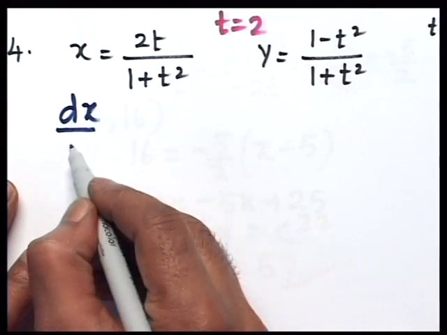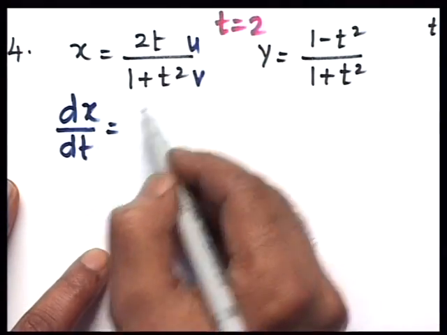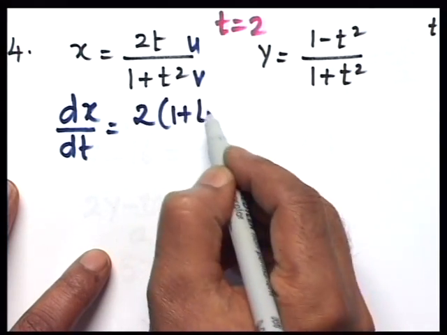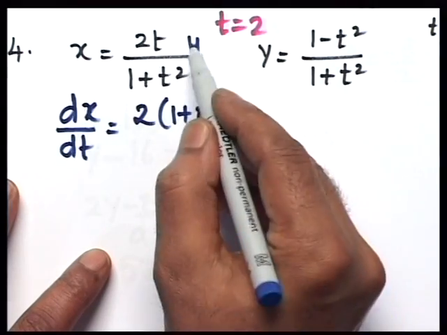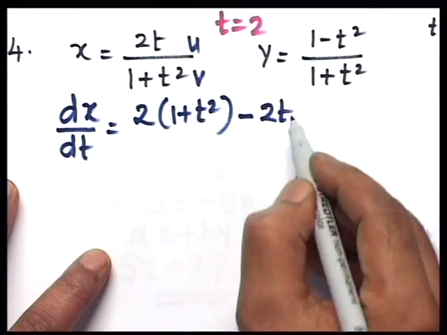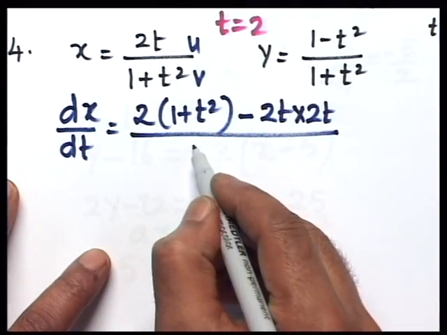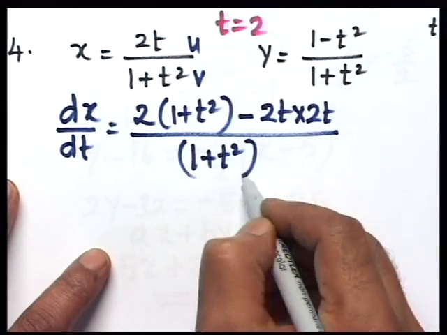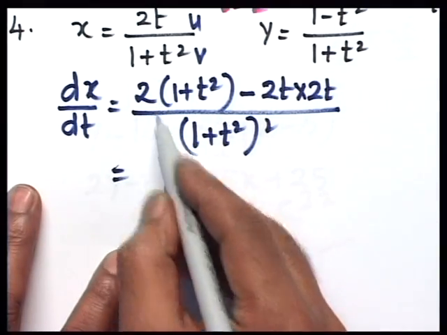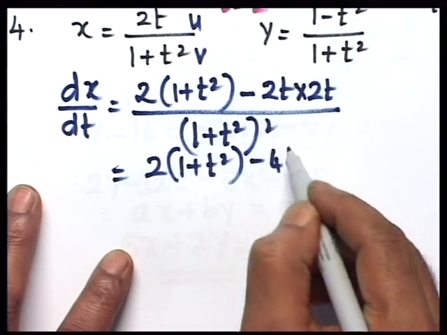So dx over dt equals, that's u, that's v. I'll do u dash v, which will be 2 bracket 1 plus t squared, minus u v dash, u is 2t and v dash will be 2t, right, times 2t, divided by v squared. So that's 1 plus t squared whole squared. Simplification a little bit maybe. 2 bracket 1 plus t squared and we have minus 4t squared there.